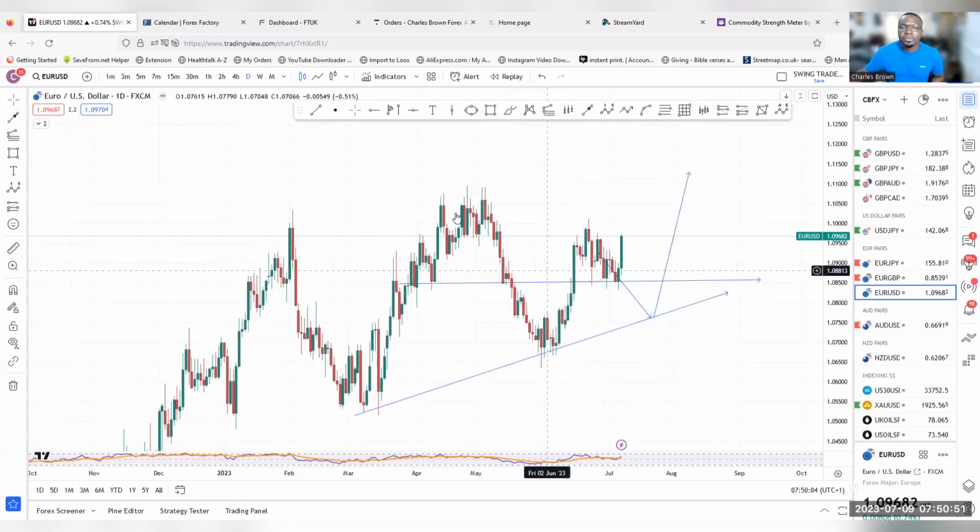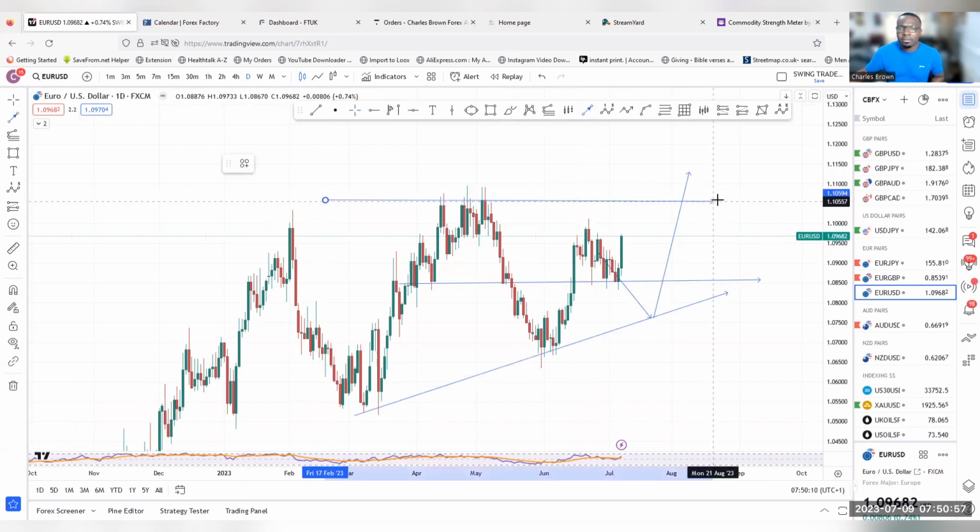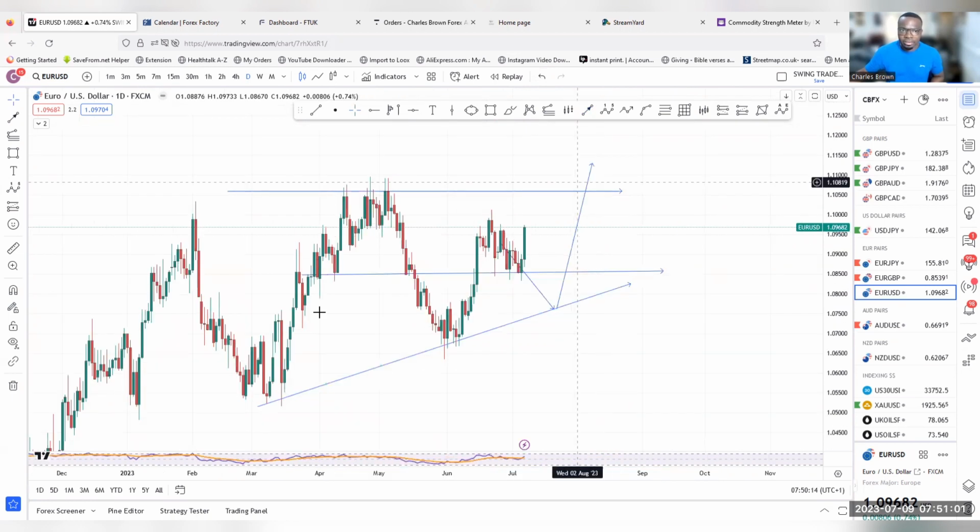Now the question is, where's it going? So we have two areas to pay attention to. First, this high right here where price came up before to break this high. So that's this pullback here, and then we have this consolidation phase that actually deceived the structure. So we have this high as well.